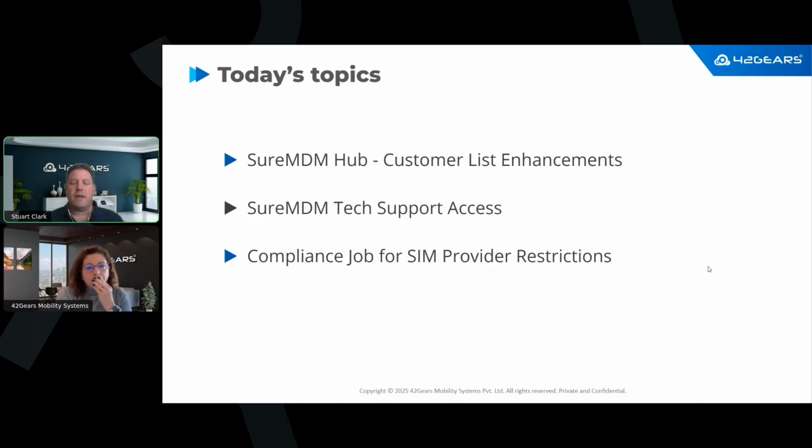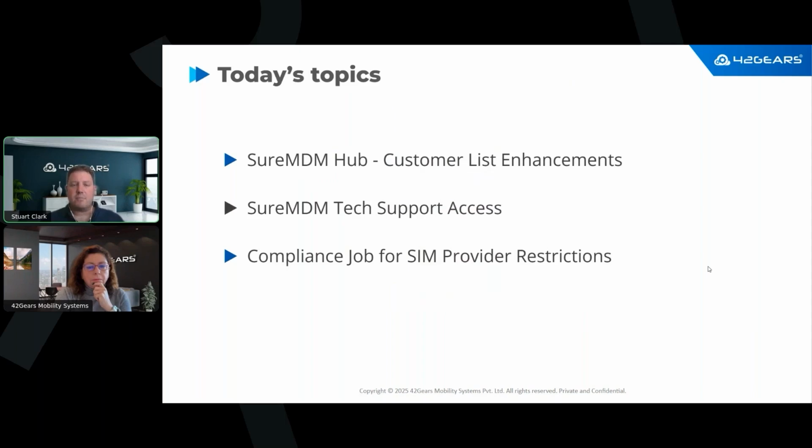This one is specifically about SIM provider restrictions, and it's very popular in my territory. It's the ability to apply restrictions to a device based on the SIM that is physically installed. Whoever the mobile network provider is on that device, we're able to restrict it and apply some compliance conditions to that.